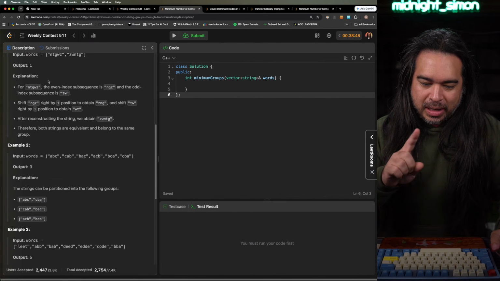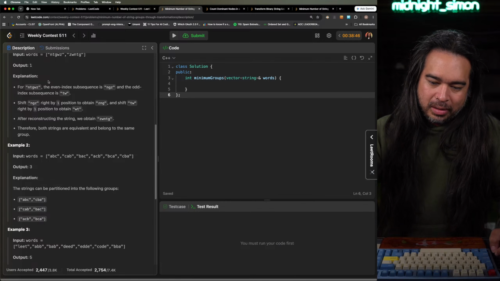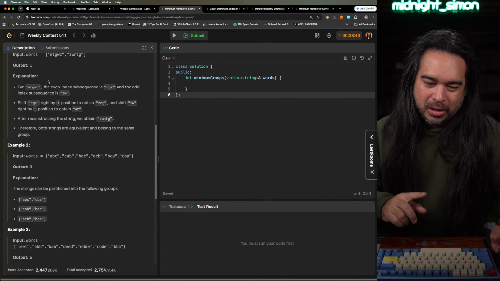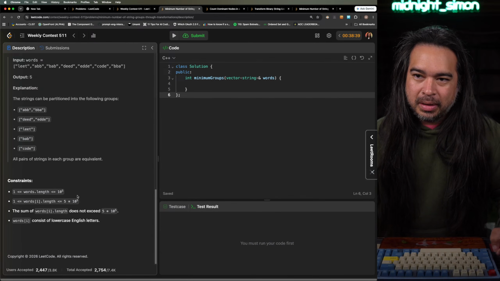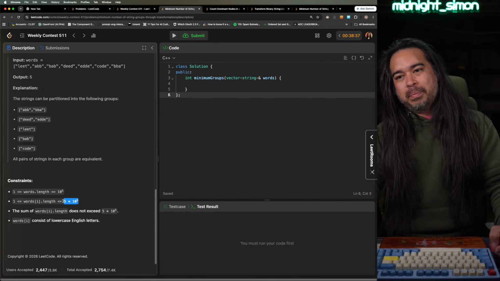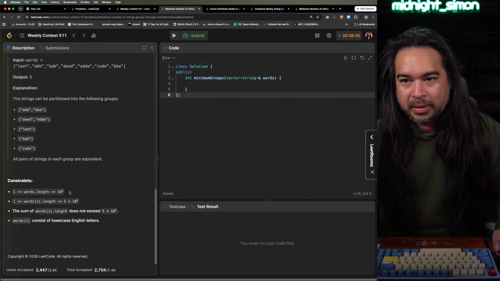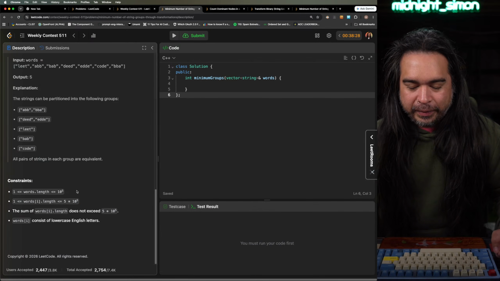But if I just cycle them so that they're like lexicographically smallest or something like that. But the length is so large, man. Words i length is really large.